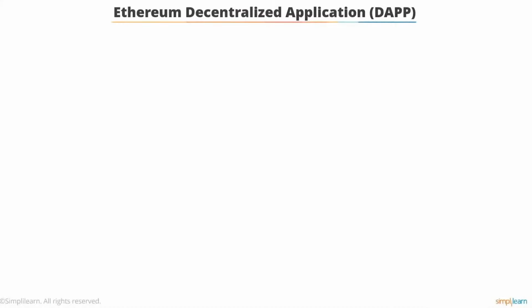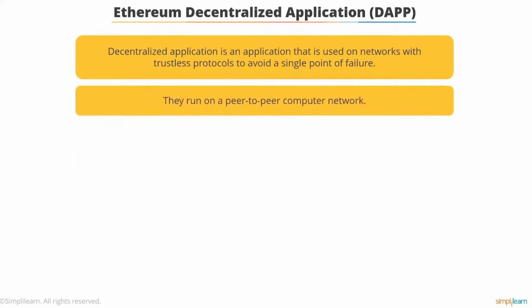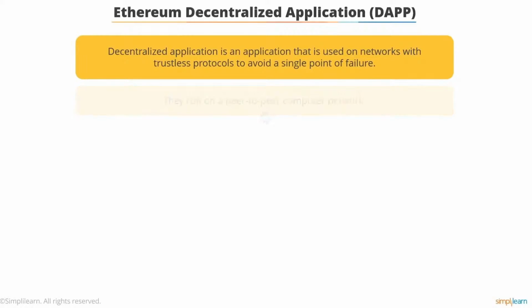dApp. A decentralized application is an application that is used on networks with trustless protocols to avoid a single point of failure. They run on a peer-to-peer computer network. All the activity which takes place on an Ethereum decentralized application is cryptographically secured on the blockchain. dApps are open source, which means that everyone can verify the contents of the software.